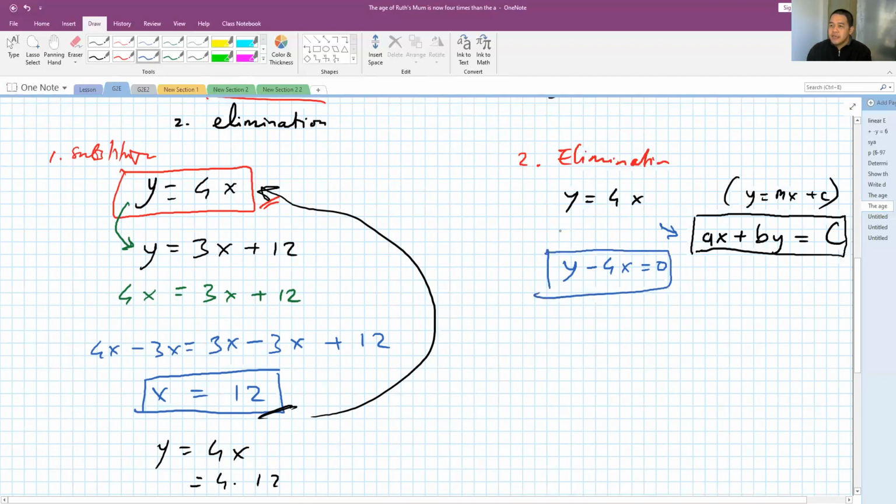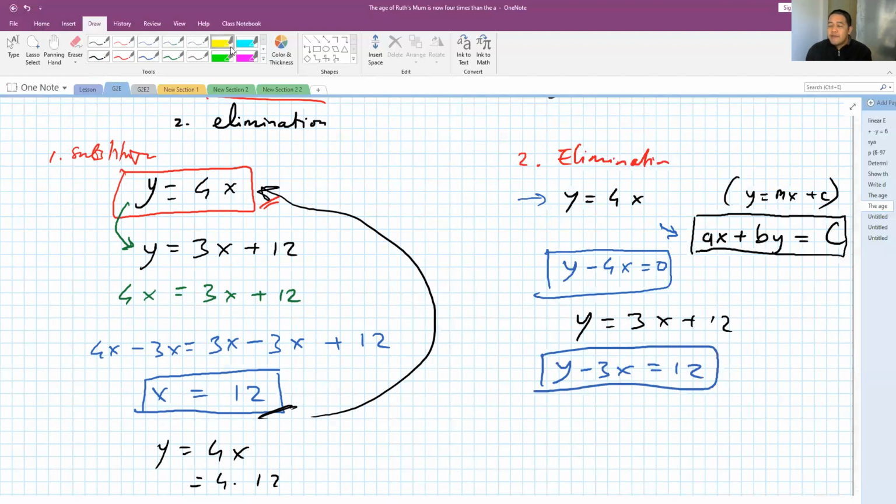And then the second one is y equals 3x plus 12. I will do similar things. I will move that 3x to the left-hand side, so y minus 3x equals 12. So now we also have two equations, this and this. And then what you will do next is put them on top of one another like this.